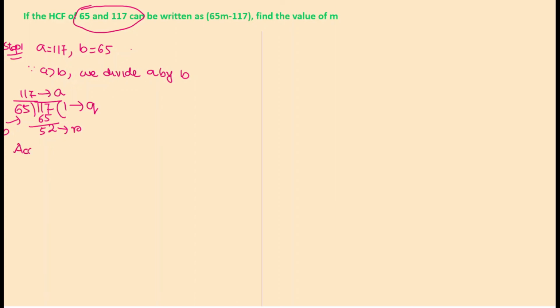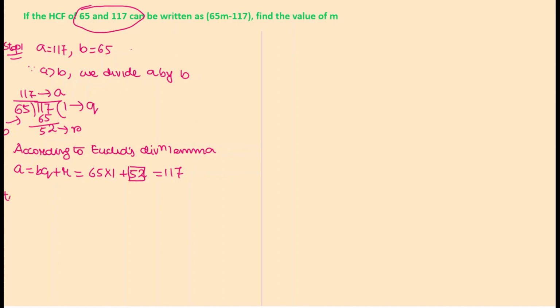So according to Euclid's division lemma, we will write A equals BQ plus R, where B is 65 into 1 plus 52, so that is 117, which is equal to A. So the remainder is not coming out to be 0.